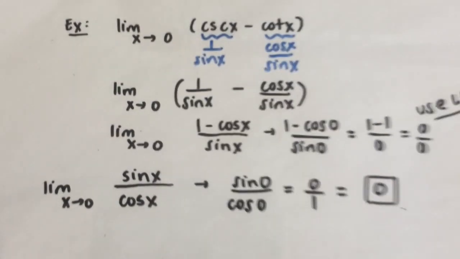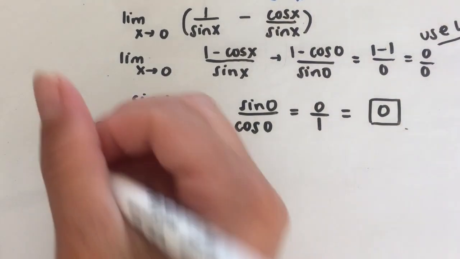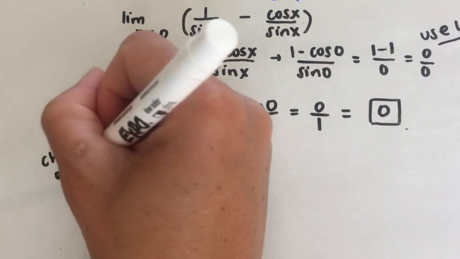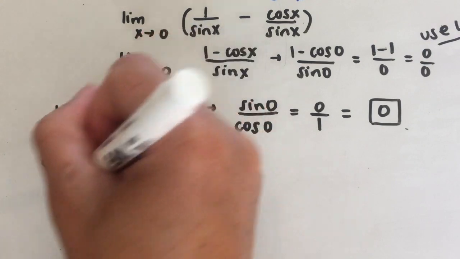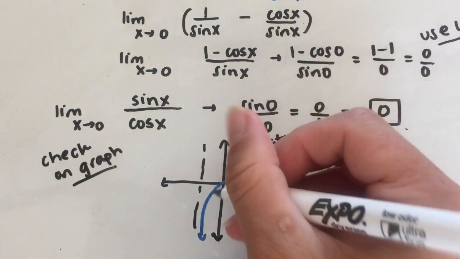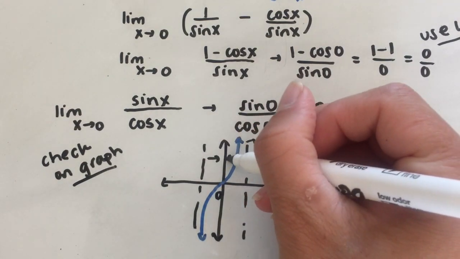We can also check this on a graph if we look at the limit as x goes to 0 of tangent x. We can see that when we look at this function, if we come from both the left and the right-hand side, the limit as x goes to 0 is 0.